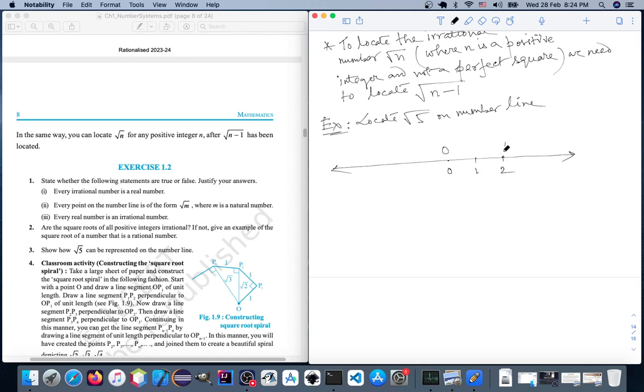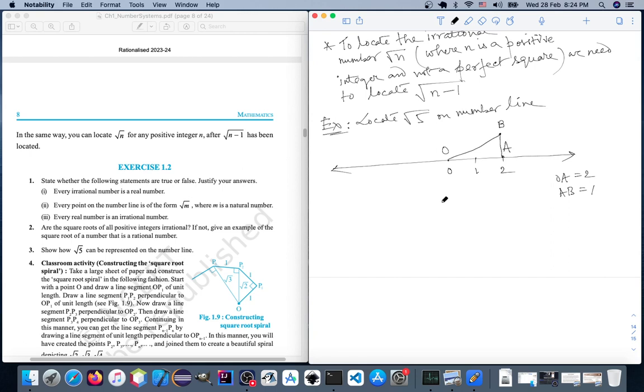Let's say this is point A. So now at point A we draw a perpendicular BA on the number line. This is B. BA is of unit length. OA is 2, BA length is 1. We draw perpendicular BA on the number line at point A. Now we join OB.